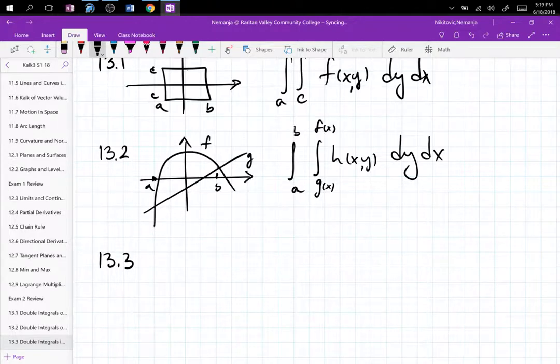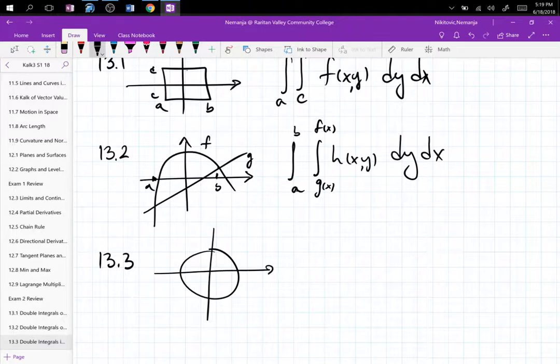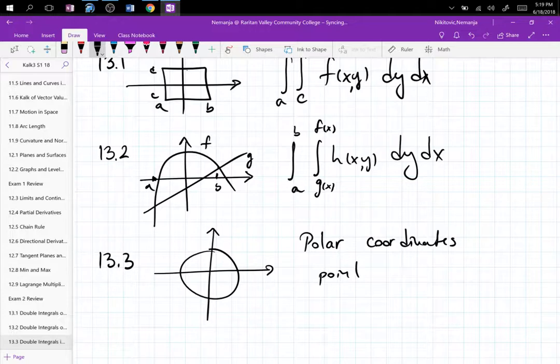Polar domain is in a circle, and we know that for polar coordinates, the point is given by r comma theta. So it's a radius r that you swing about a certain angle theta, which gets you to the point r comma theta.